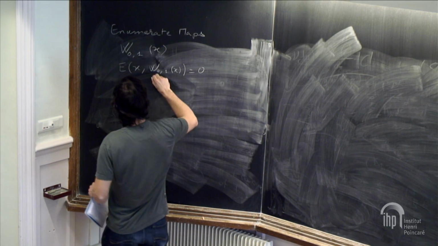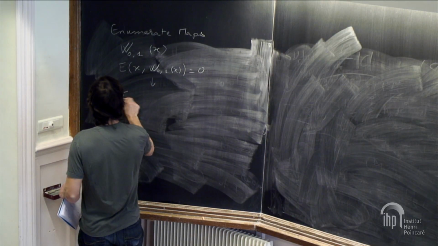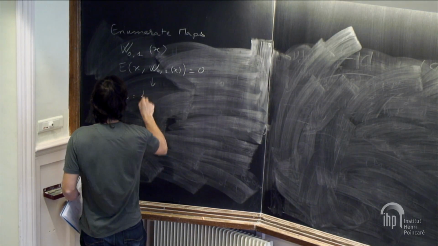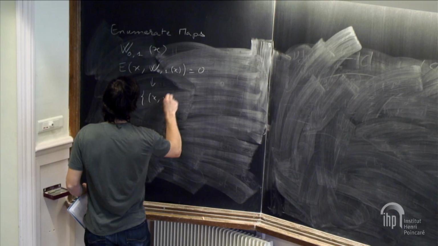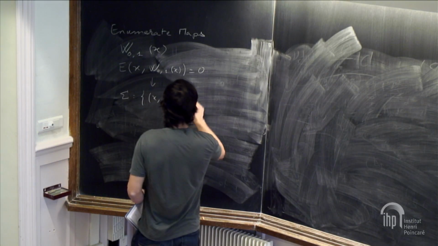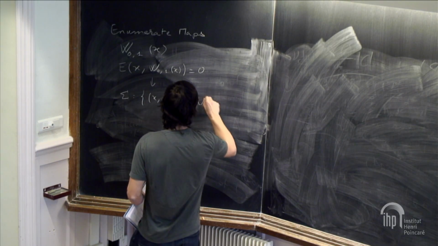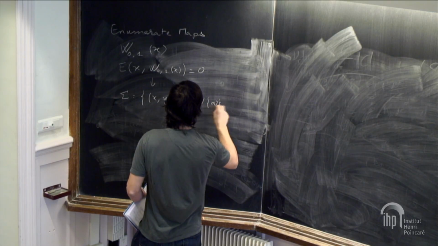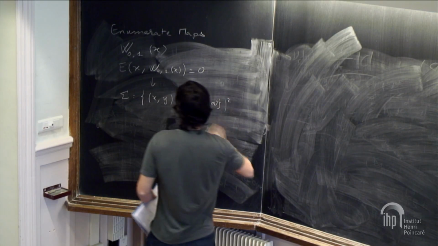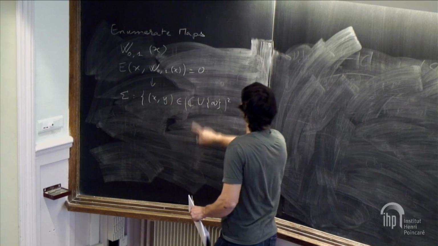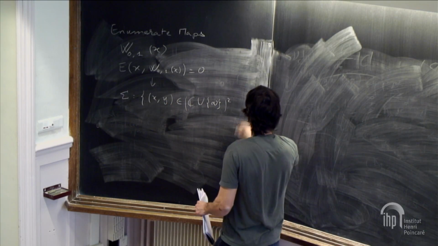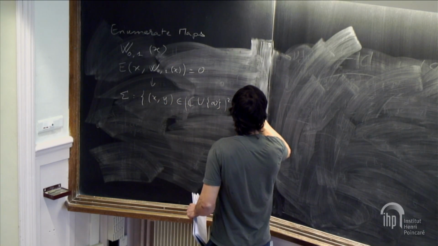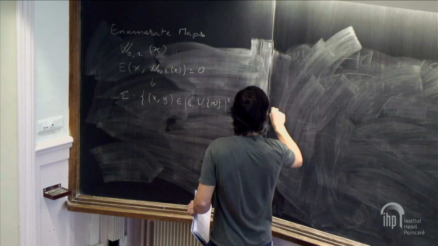And actually, something we can do is associate to that a Riemann surface, which is defined as the pair xy in C, I mean in the Riemann sphere, such that E of xy equals 0.